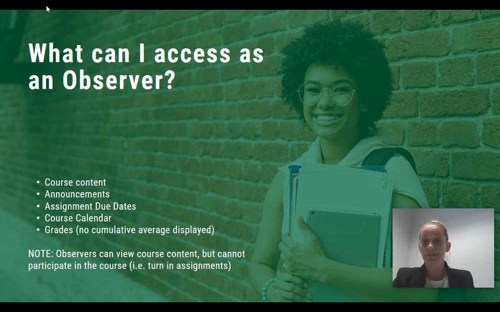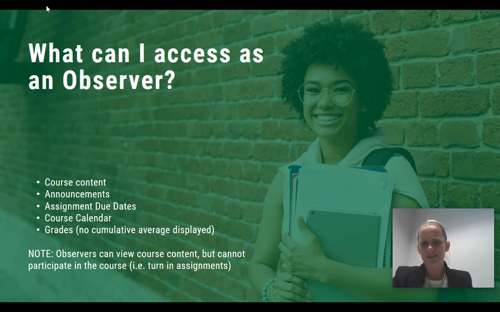Announcements, as I mentioned previously, if a teacher decides that they want parents to view it, then they'll include the observers. But that will not always be the case, especially with our older students. Assignment due dates, our course calendar, grades. It's important to note here that cumulative averages are not being posted.